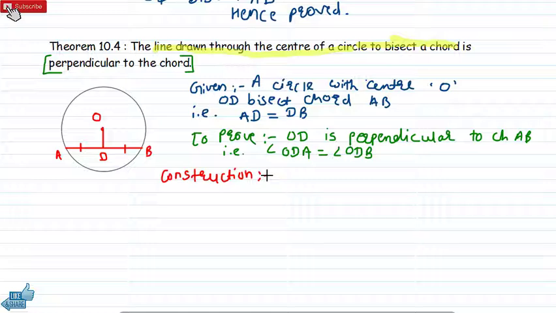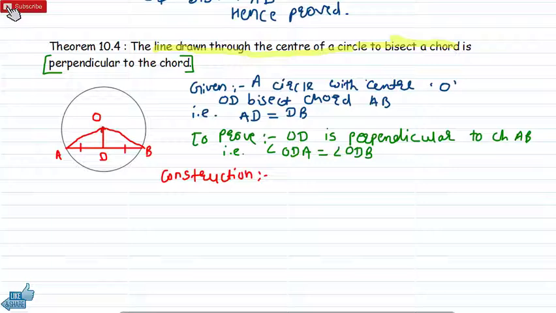So construction: just join OA and OB. Now, if you ask me, sir, you told us that whenever we have to show angles are equal or sides are equal, at that moment we have to show that the triangles are congruent.